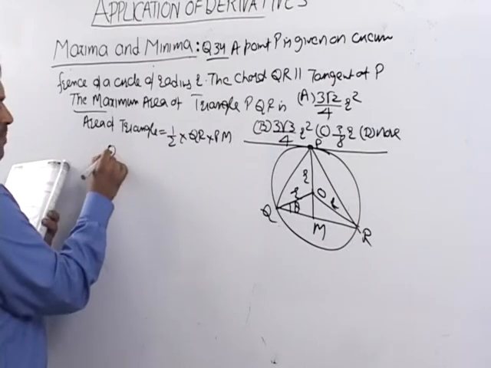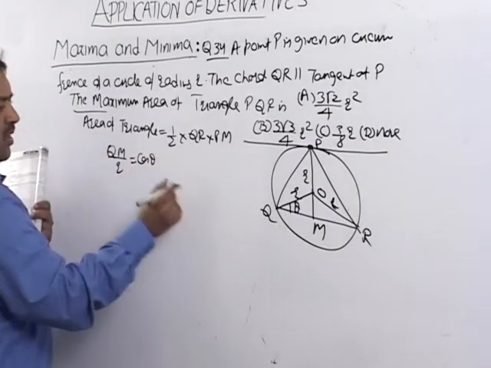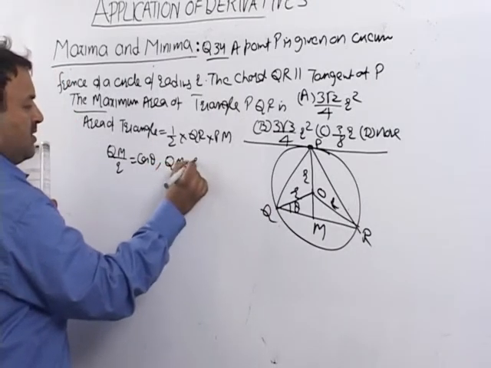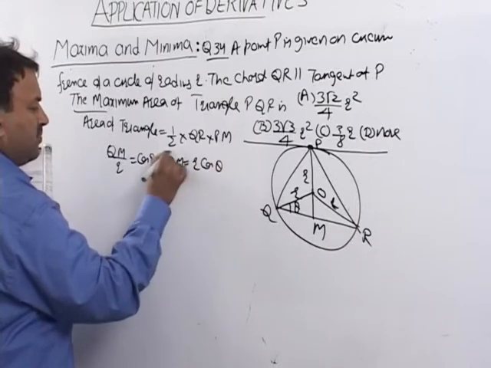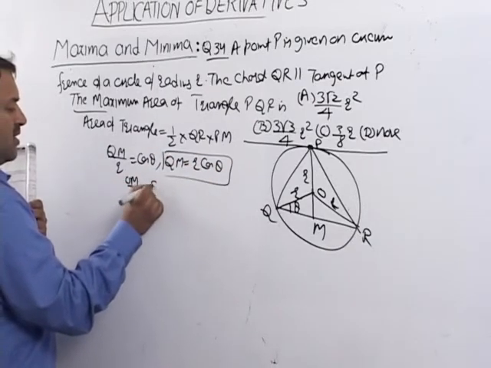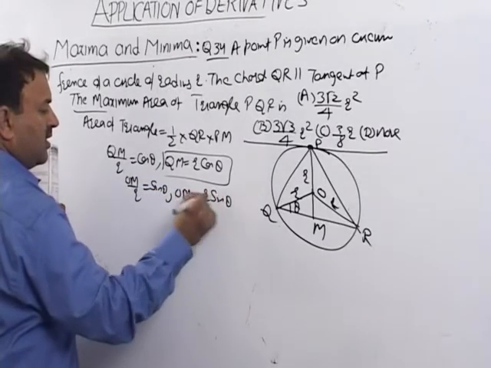QM upon R is equal to cos theta, so QM is equal to R cos theta. OM upon R is equal to sin theta, so OM is equal to R sin theta.